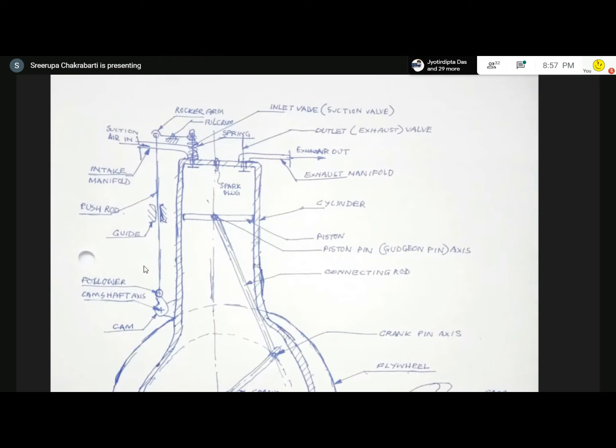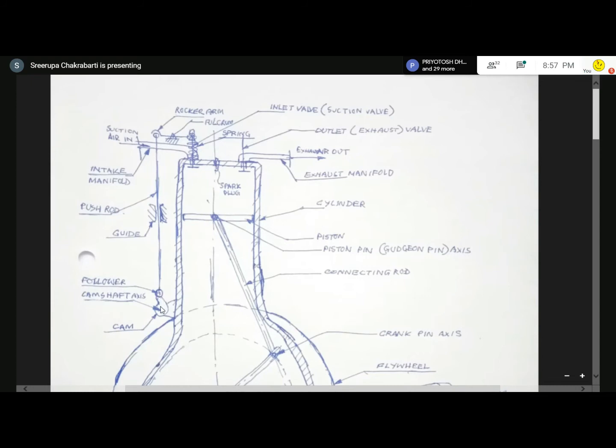And when the valve has to close, this end has to move up, this end has to come down, so the follower has to come down. Accordingly, during one complete 360-degree rotation of the cam, the follower will once move up and once come down.